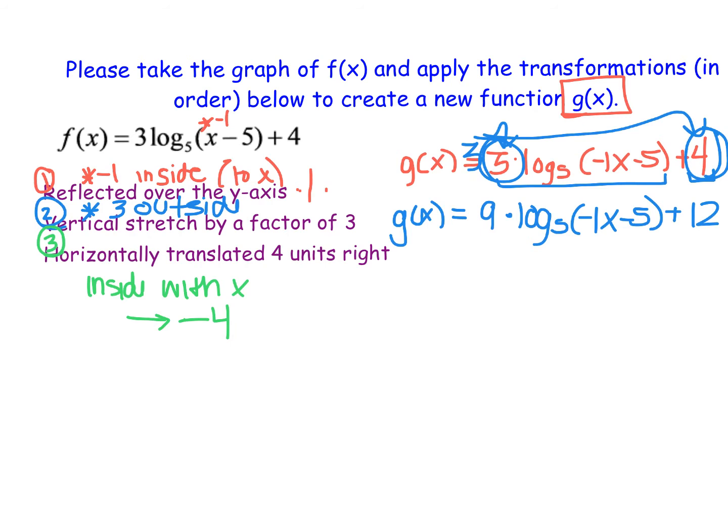Now the trickiest part of this whole process is this is really going to happen to just x. So we're going to put little parentheses around x, and we're going to put that -4 on the inside of the parentheses with x. So notice it's not just being combined with the -5, but instead, if you'll look carefully, what I'm doing is I'm saying, well, I have -1, and then I have x, and with x I have x minus 4.